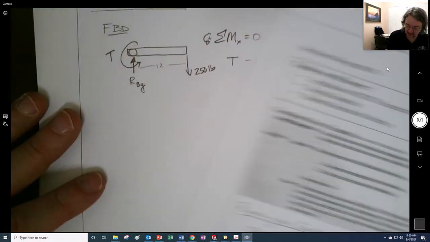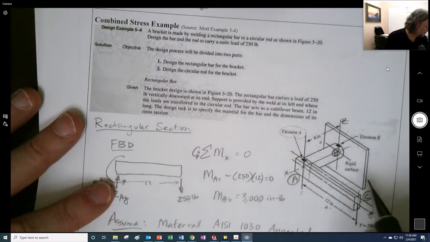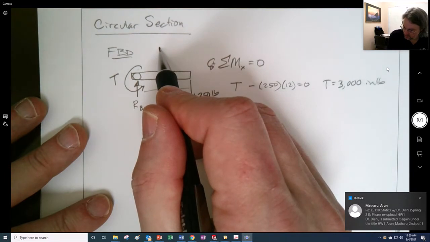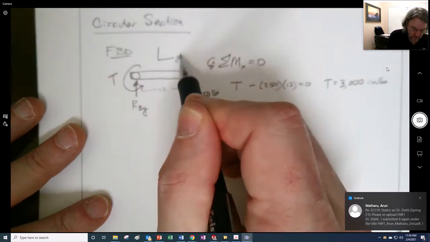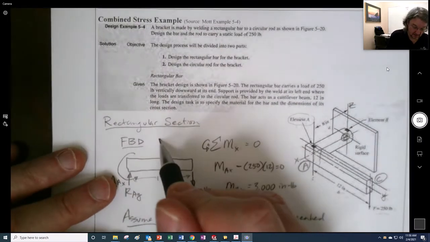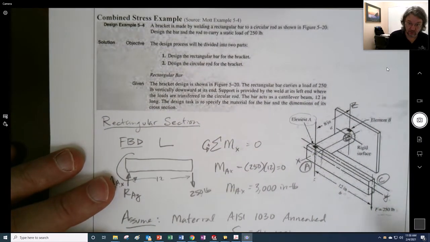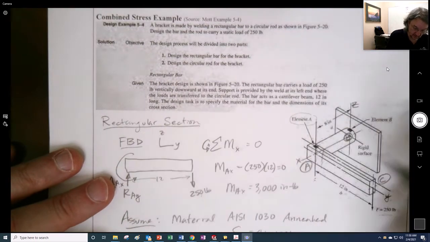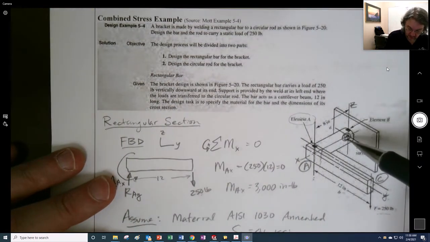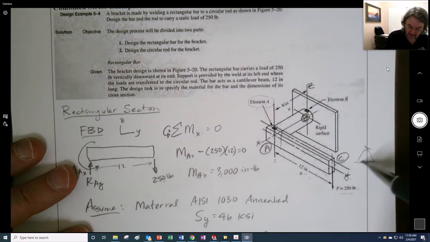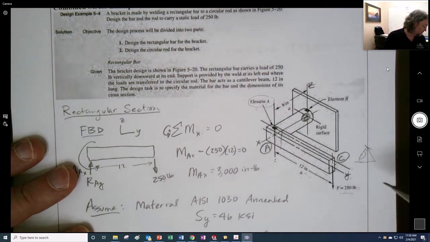Now we also want to get what the bending moment is going to be. By the way, we should always do this right here. This is YZ right in here, and this is also YZ. And now I want to look at it. I think I'm going to look at it from this direction right there.